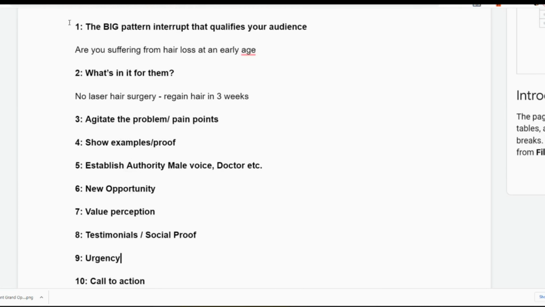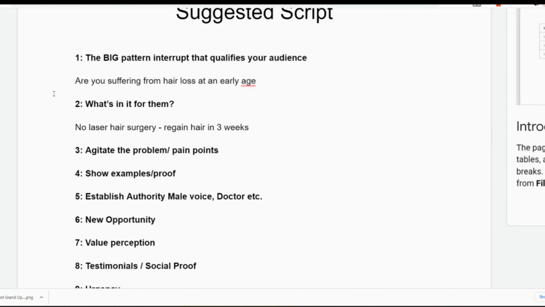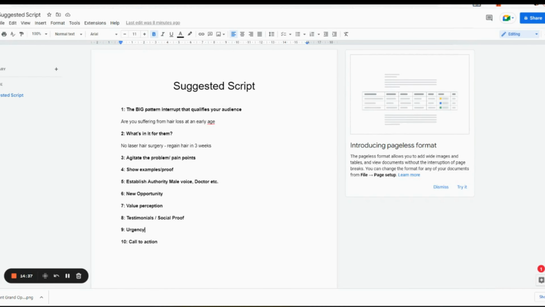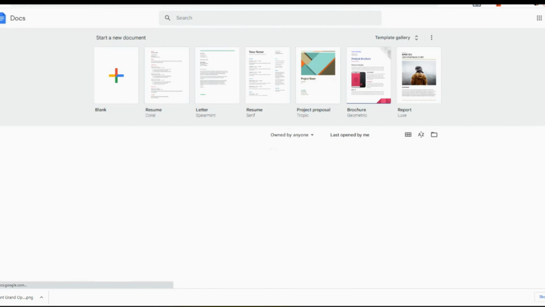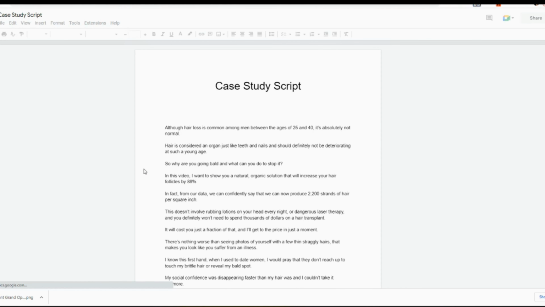Now I'm going to show you a script that I've created based off of my product, which was this hair loss product. So by now you should have selected your product. Let me just zoom out there. Let me show you the script that I came up with. Case study script.